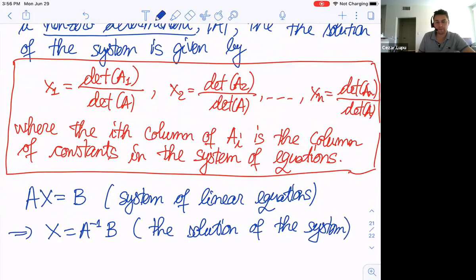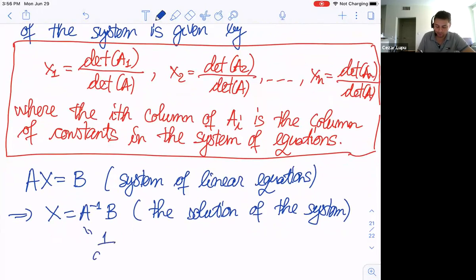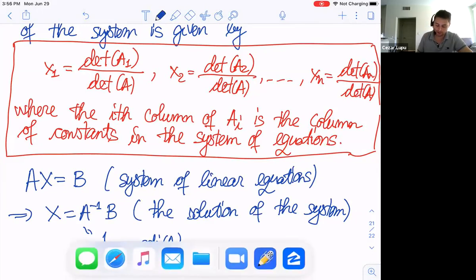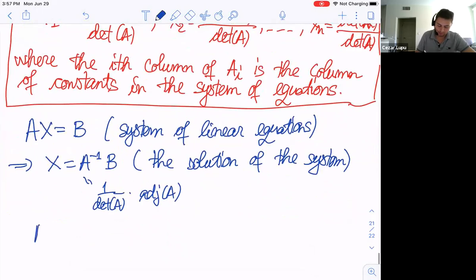But now the trick is that we can represent this inverse using the formula. This is nothing else than 1 over the determinant of A times the adjugate of A. Now multiplying by the matrix B will give you something like this column vector.